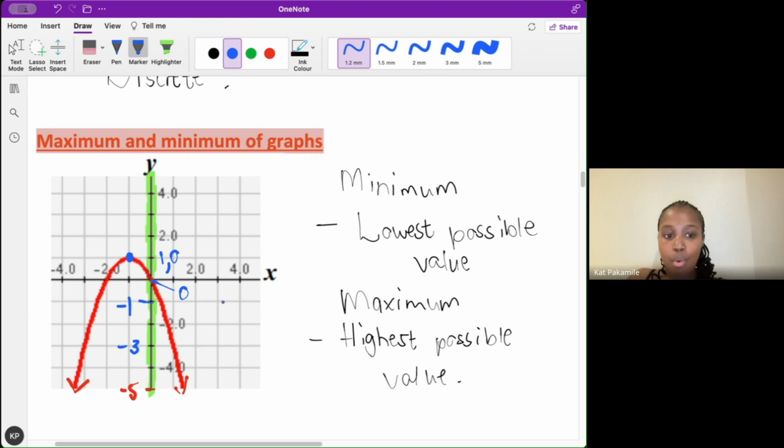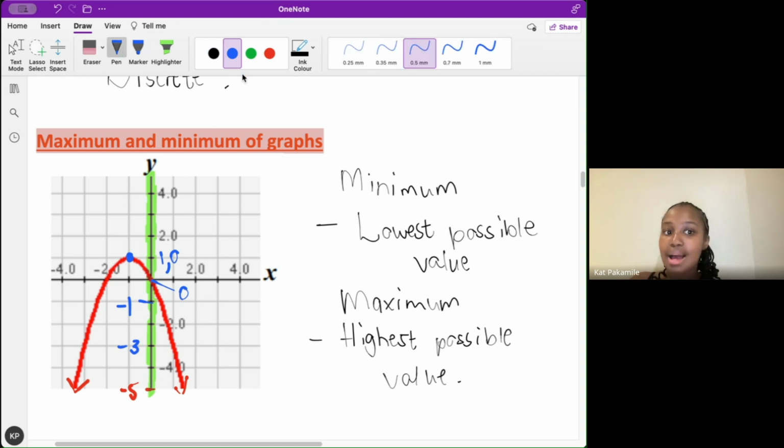I started off at 1 and then I go 0, -1, -2, -3, -4, -5. They're getting smaller, right? So is 1 the highest possible value or is it the lowest possible value of this specific graph that we are looking at here? It is the highest because everything after that just keeps getting smaller.